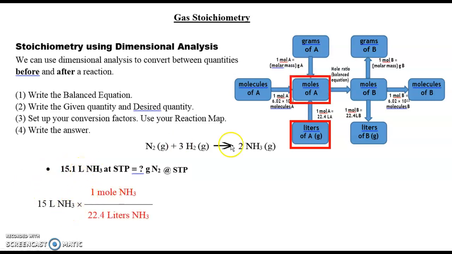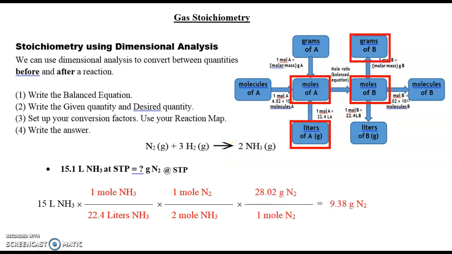Again, we're then going to use 1 mole of A, 22.4 liters on top, liters on bottom, cancel them out. Where am I going next? I always go across here. I'm going to my moles. I go to my balanced equation. I use 1 and 2. And then next up, I'm going to grams of B. So I go to my periodic table.